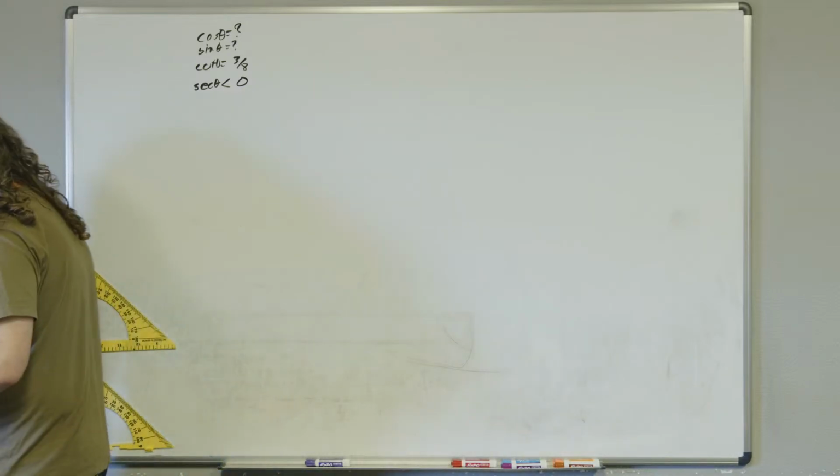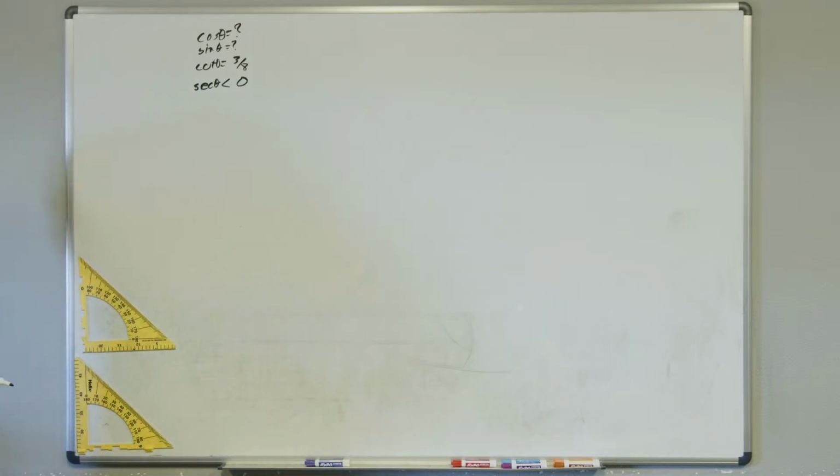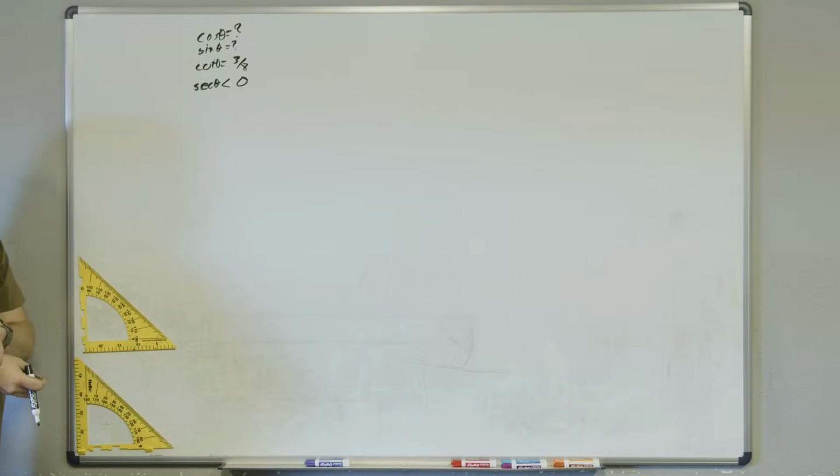So, secant is a reciprocal of what? Cosecant. No, cosine. You're going to get there eventually. One of the C words, right?